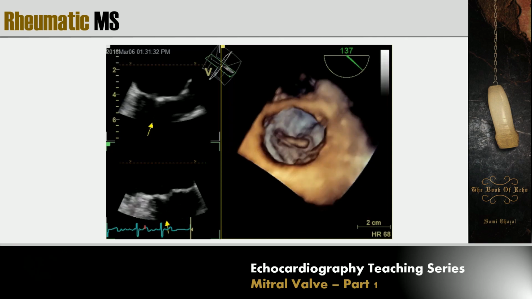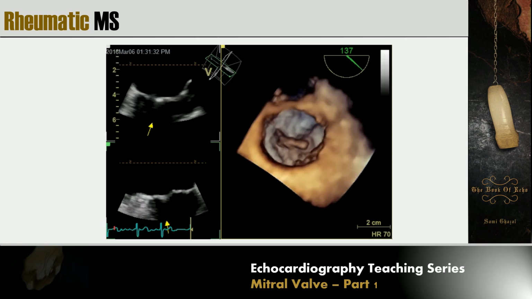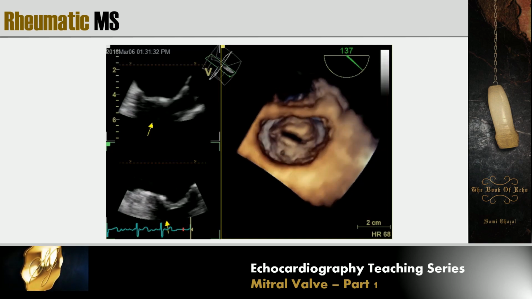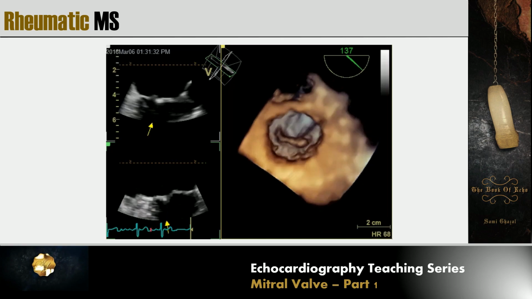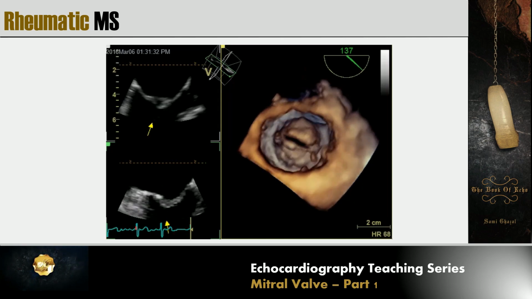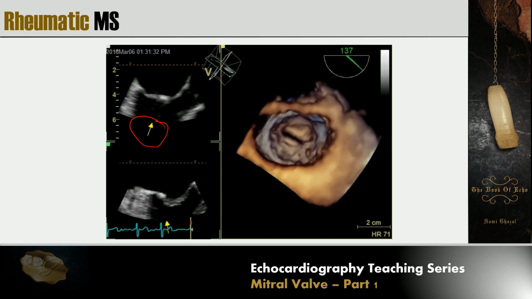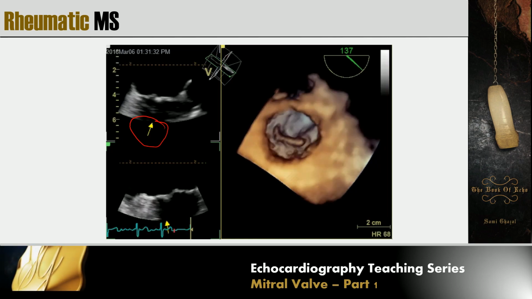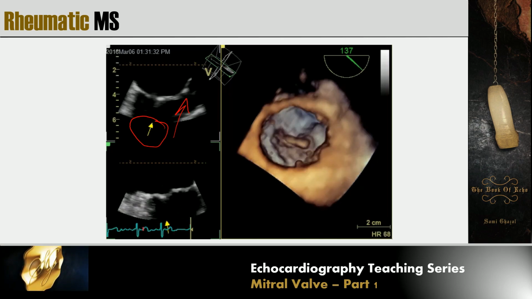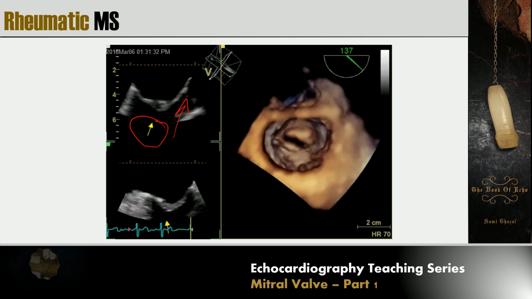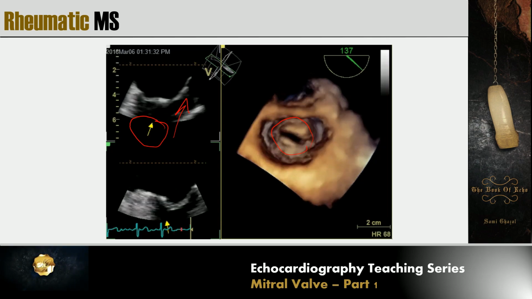This is a 3D presentation of the mitral valve, and in rheumatic mitral stenosis, the best way to evaluate the mitral valve is from the LV perspective. So this arrow represents the eyes where we are looking at the mitral valve from the LV perspective upward. So we can see the classical fish mouth appearance of the mitral valve here.